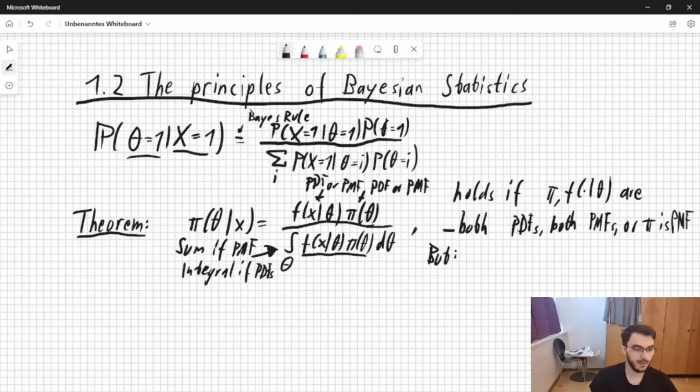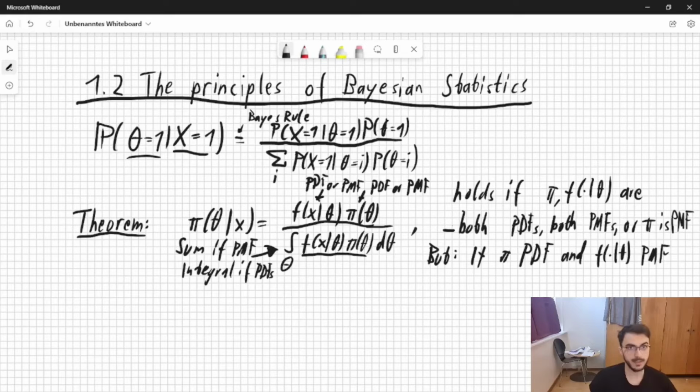But if we have the case that pi is a PDF and f given theta is a PMF, we have to be careful.